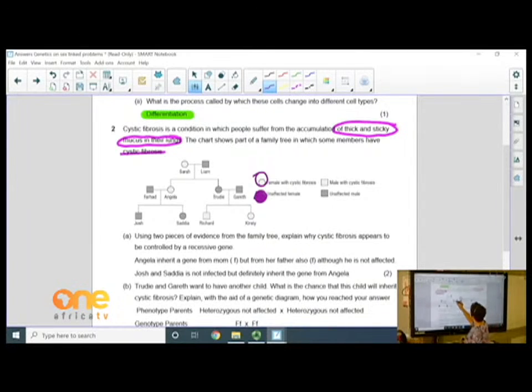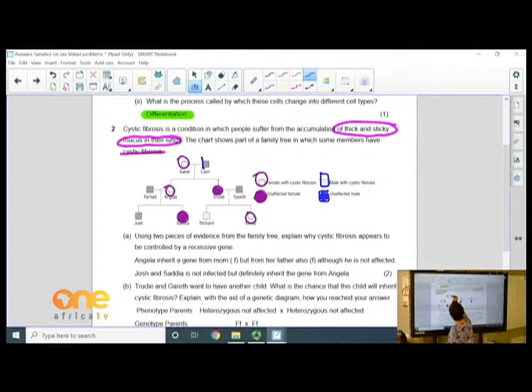So here we see a female, Trudy, so all the circles are female, and Sadia, they are unaffected, right? Angela and Kirsty are affected females. The male, when it's a square, we have the cystic fibrosis males, and when it is a filled square, they are unaffected.